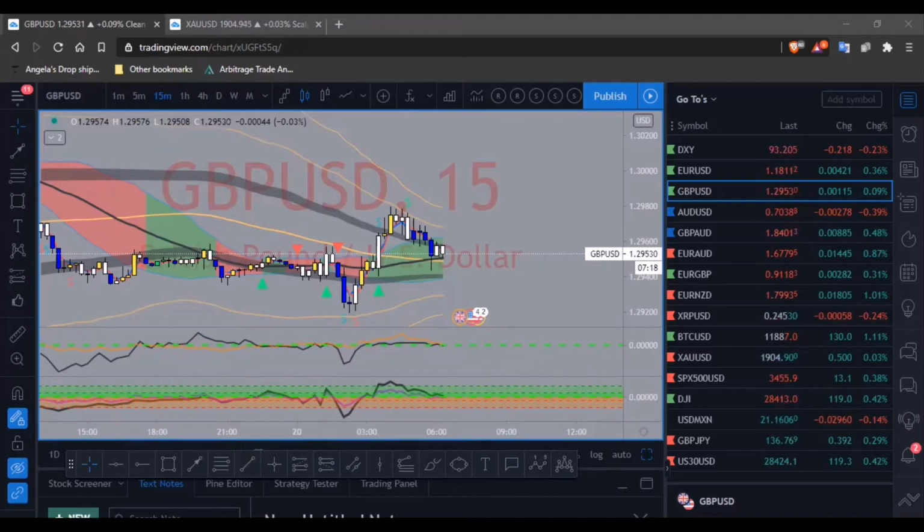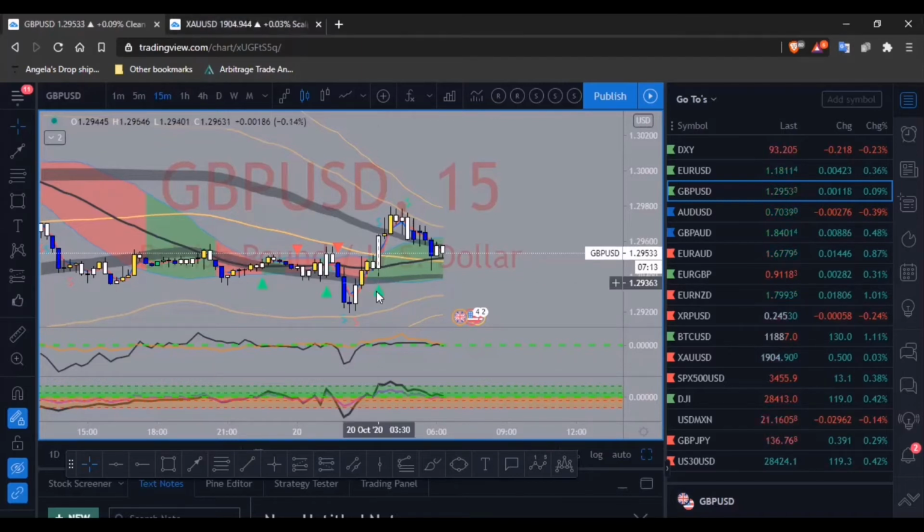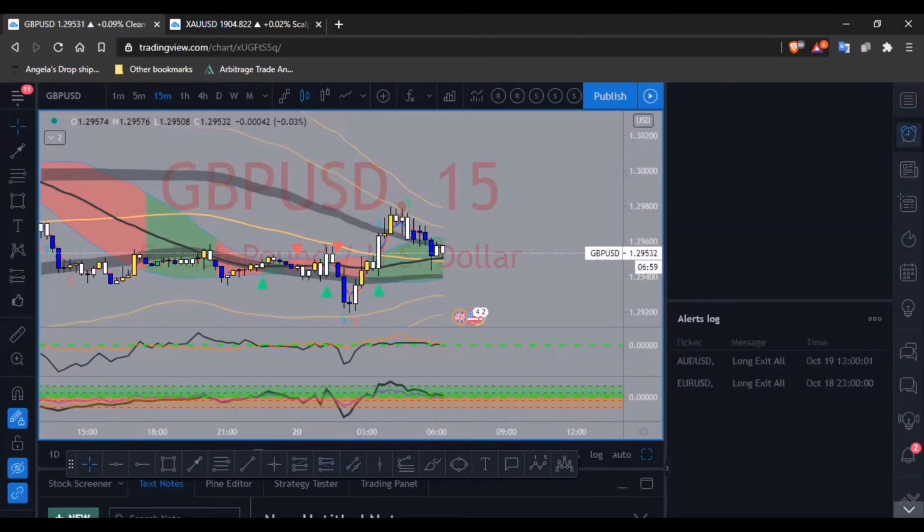So this alert, what alert did I set? Price called for this buy. I didn't get an alert, which I'm upset about because I'm pretty sure I set one for GU.